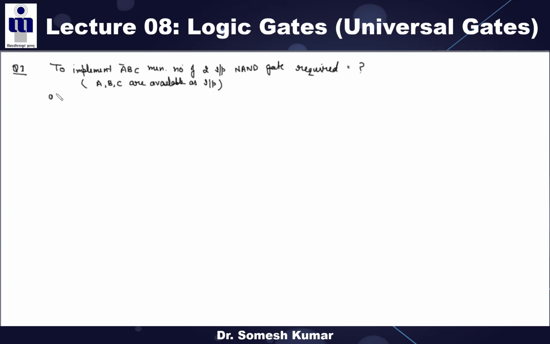So the question is, the options are given, which one is the correct answer? To implement A bar BC, you have to find out the minimum number of two input NAND gates. This is the circuit for A bar BC.